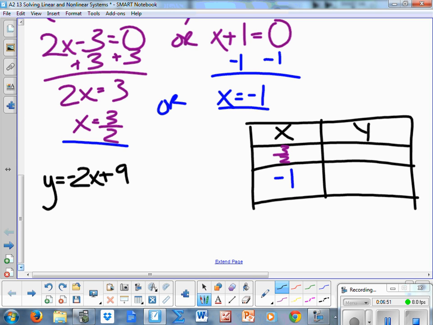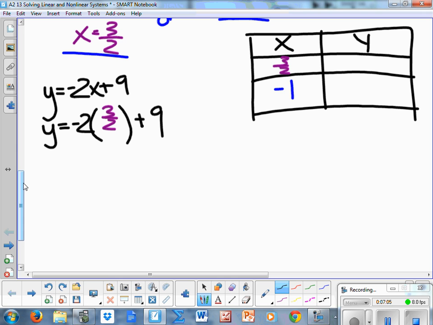I'm going to find my y value when x equals 3/2. So we multiply -2 times 3/2. Our 2's cancel out here. So we've got -3 plus 9, y equals 6.